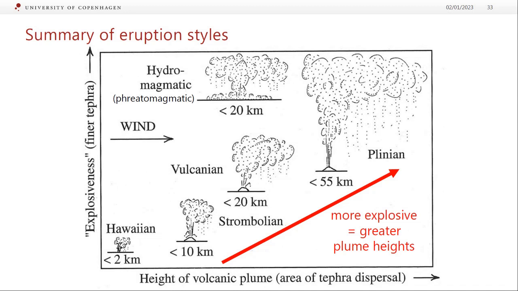Generally, we're going from basaltic through basaltic andesite, and then to increasingly silicic eruptions. The only difference is the phreatomagmatic ones here, which in this diagram they call hydromagmatic, but it's the same thing. These can be very explosive eruptions, even if it's a basalt. So that's the outlier.